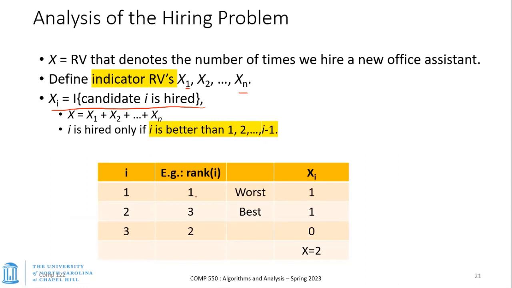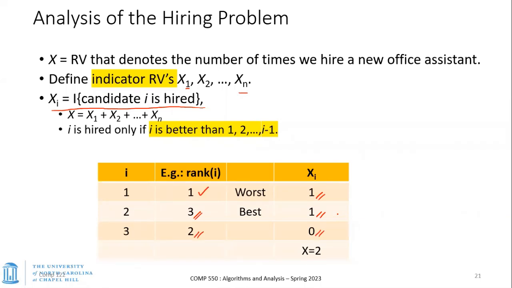In the first case, because we're hiring this guy, X_1 is equal to 1, because we're always going to hire the first person. The second person happens to be the best, so we're again going to hire that person, and the indicator random variable is 1. The third person is not the best, and since we've already found the best candidate, the third person is not hired, so X_3 is 0.